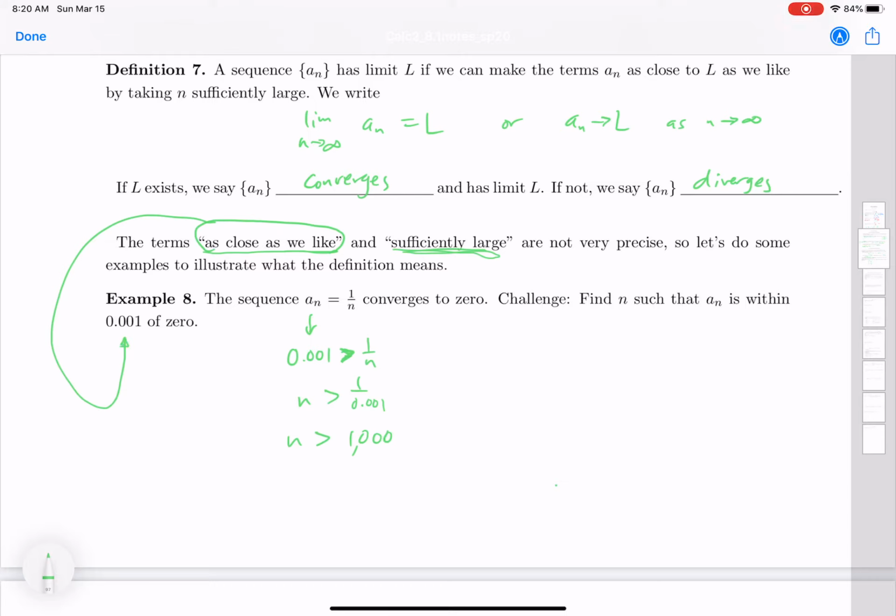I could have chosen 0.0000001 and done this same calculation, and I would have found an n value sufficiently big that anything over that would be getting me within this value that I want. So as close as we like and sufficiently large are things we can make precise.